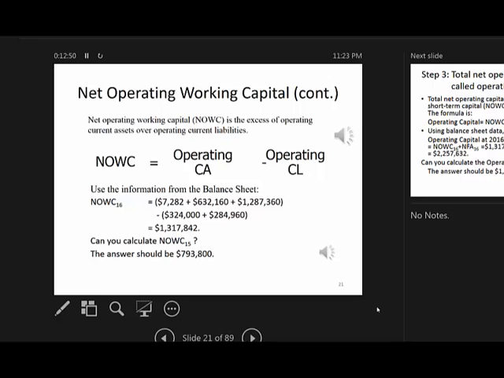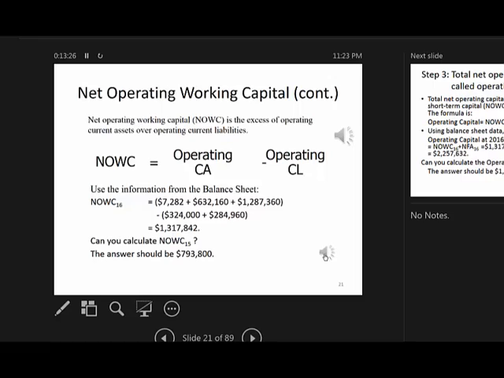So if we use the information from the balance sheet, for 2016, total operating assets would include all the cash, accounts receivable, and inventories that you can find from 2016's balance sheet. And that total, minus the accrued expenses and accounts payable that you can also find from 2016's balance sheet, the result would be about 1.3 million.